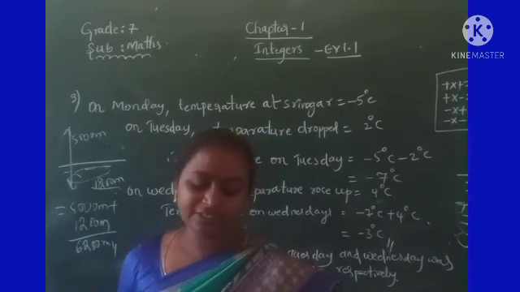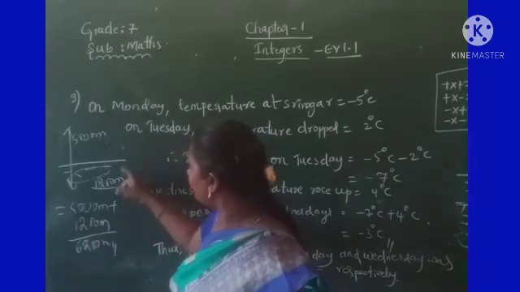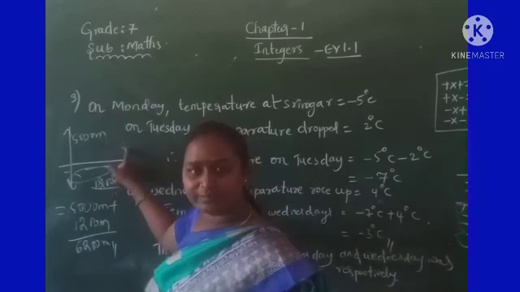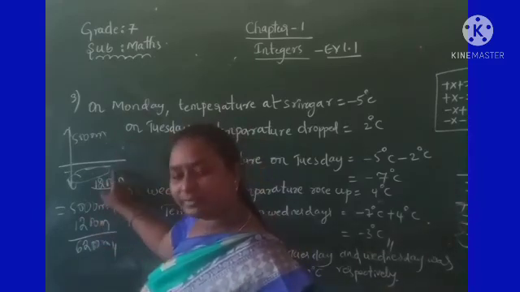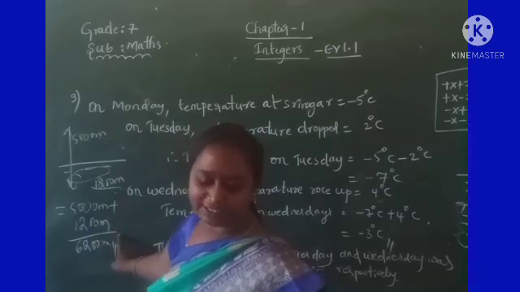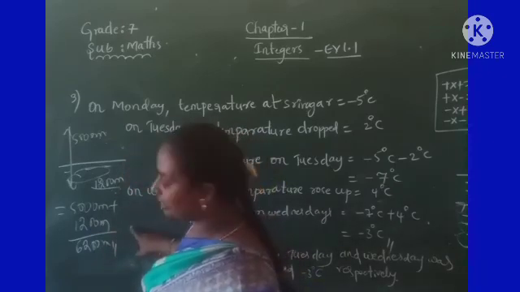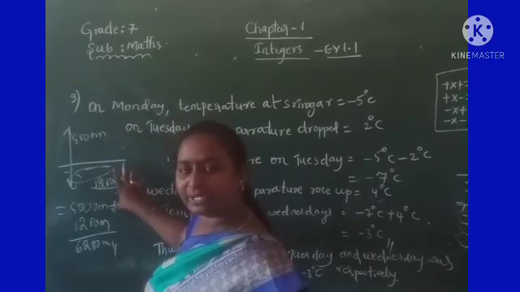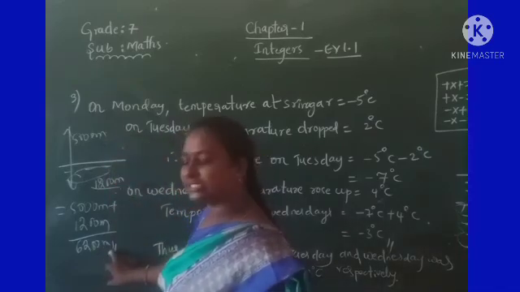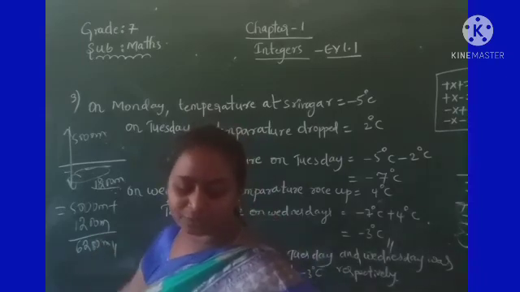How to write that? Height of the plane above the sea level is 5,000, and the submarine floating below the sea level is 1200. Then the vertical distance between the plane and the submarine is 6,200. This one you have to do as homework.